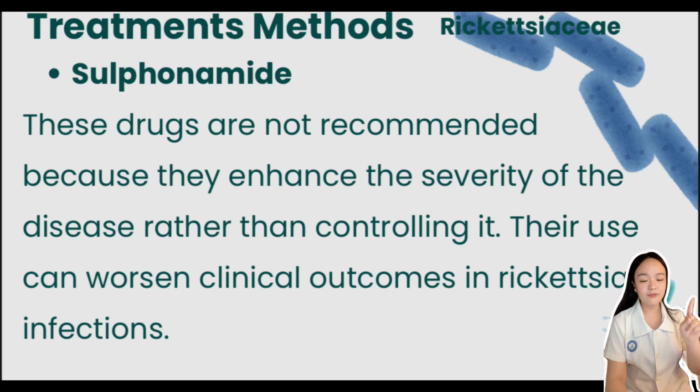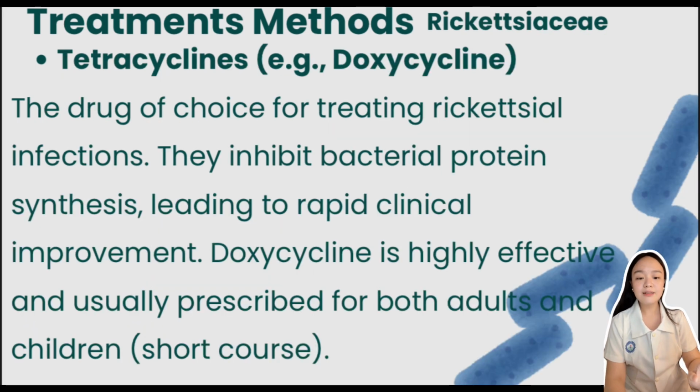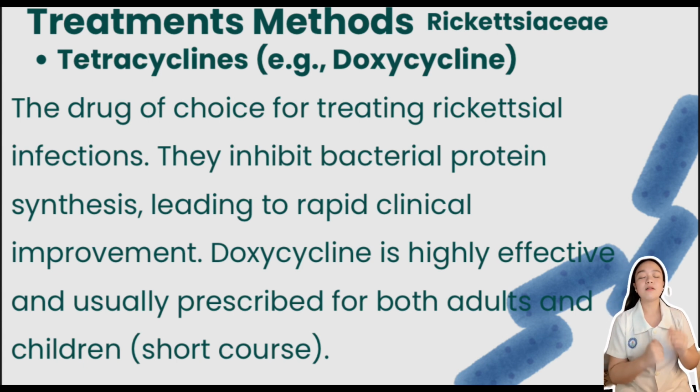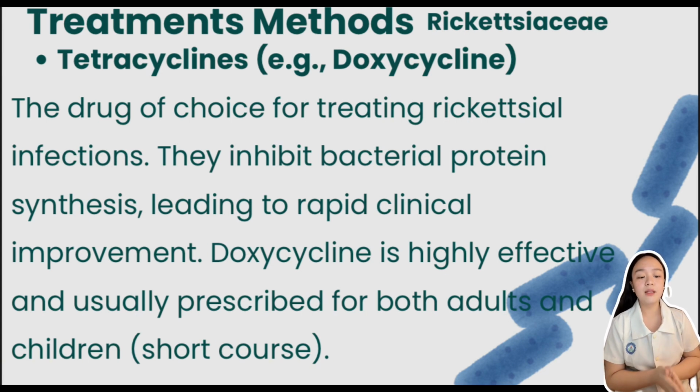So, never use sulfonamide. Next is the very advisable na tinitake ng mga patients na meron nito is the tetracyclines, especially is the doxycycline. So, it is the drug of choice for treating rickettsial infections. They inhibit the bacterial protein synthesis of Rickettsiacea, leading to rapid clinical improvement.